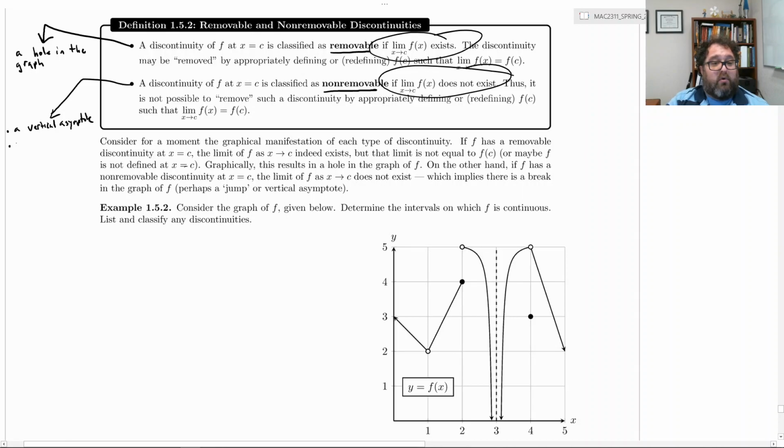Or a break, or a jump, or a gap. These are all the same thing, but different people call them different things. I probably refer to it as a break or a gap in the graph. If there's a break in the graph, that makes sure the limit does not exist, which fits with our definition.